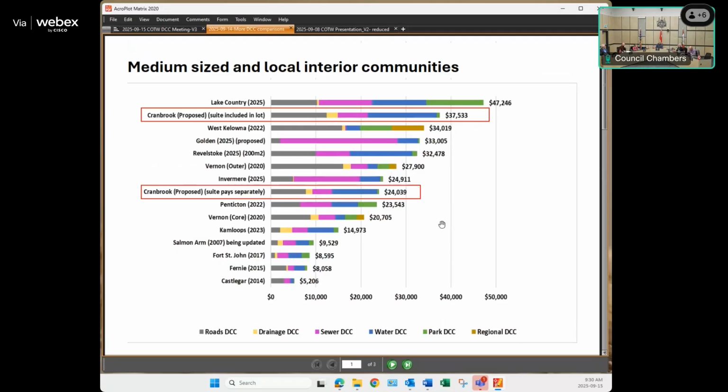They may be a newer community with newer infrastructure. Personally, I think that what's in front of us has been calculated at the current trends, whatever our staff is estimating is going to happen, what's required for the city of Cranbrook. Yeah, thank you.